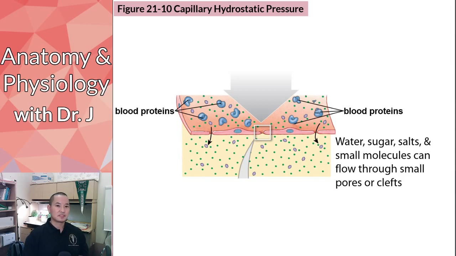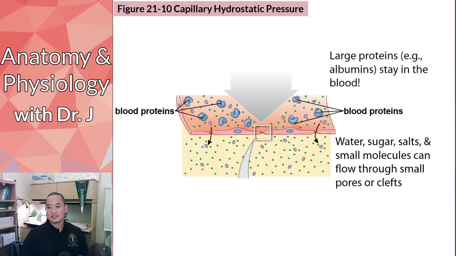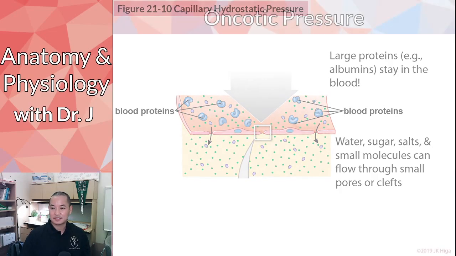These are blood proteins. Notice that they don't actually filter through. They're too big to push through from the plasma into the interstitial fluid. Large proteins, especially a special protein we call albumin, should stay in the blood in a normal individual with healthy capillaries.